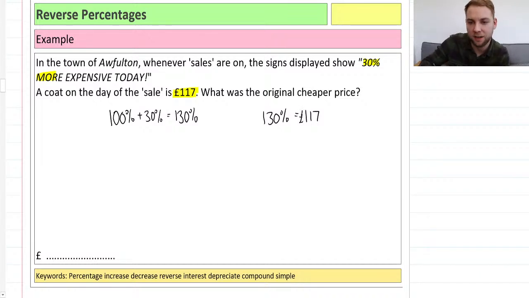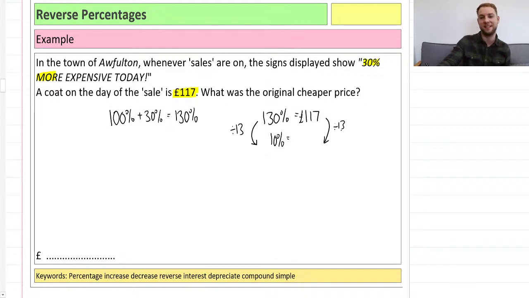Now, I'll use the non-calculator method on this because I know this came up in a non-calculator paper. So to find 10%, I'd actually need to divide by 13 this time. So divided by 13, 130, how many times does 13 go into 130? 10 times, that's the point. And 117 divided by 13, you've got to know your 13 times table for this one, is 9.